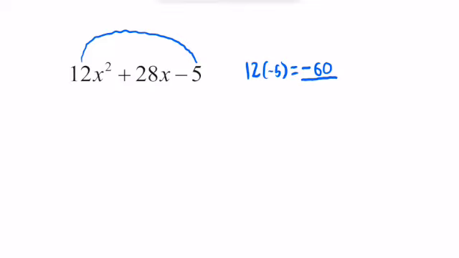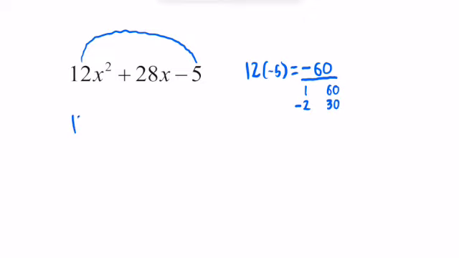Since it's a negative 60, we know one number in our pair will need to be a negative. 1 and 60, making one of those negative is not going to help us. 2 times 30, well here, this is actually going to work. If we make the 2 negative, negative 2 times 30 is negative 60 that we're looking for. Negative 2 plus 30 is the positive 28 we're looking for.